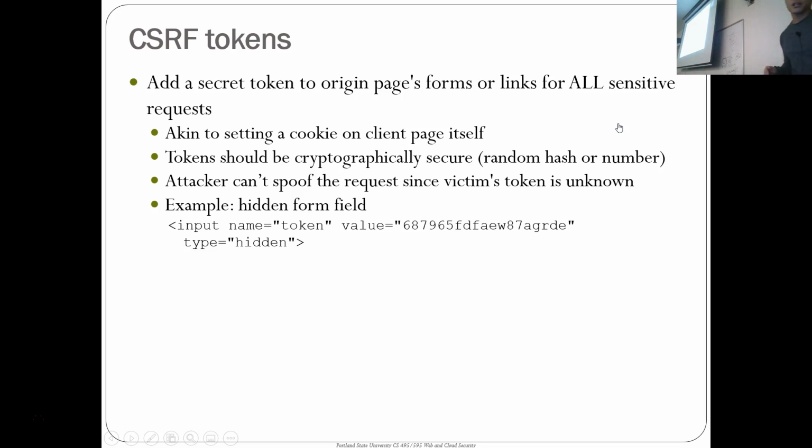So these tokens should be cryptographically secure. They should not be predictable, otherwise the whole mechanism is broken. There were times that people were putting the CSRF token in, but it was always set to 0. So it's like, okay, it's there, but if I know that it's 0 all the time, it might as well not be there.